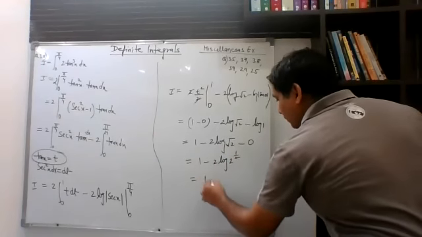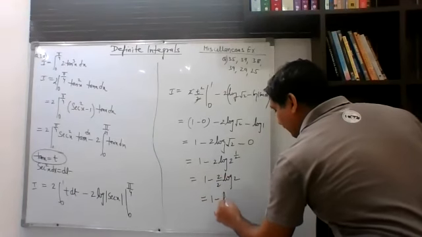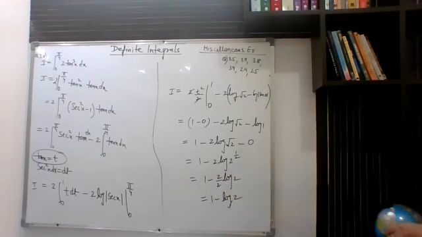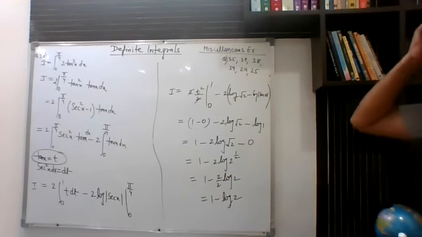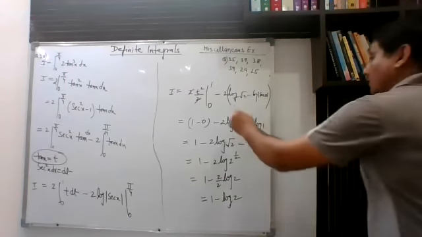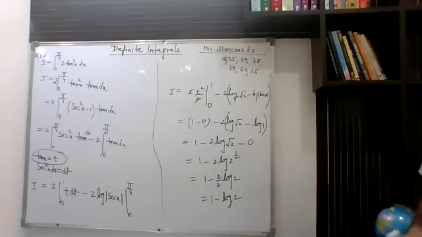This 1 by 2 can be taken out, so it will become 2 upon 2 log 2. So finally you will get 1 minus log 2. This is what we wanted to prove here also. This is how we can do question number 38 from the miscellaneous exercise.